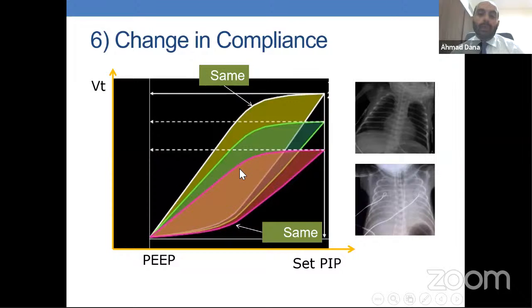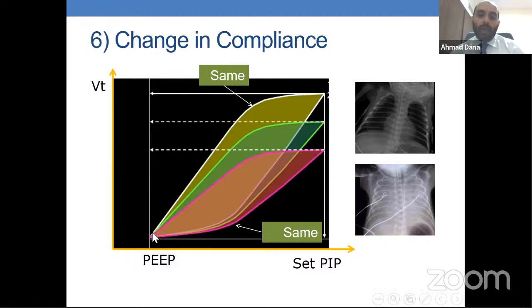Now, the compliance. We said that the compliance is related to, as an example, the respiratory distress syndrome of a preterm baby. As we gave as an example, the old and the new balloon.